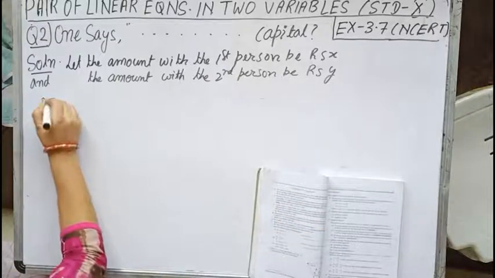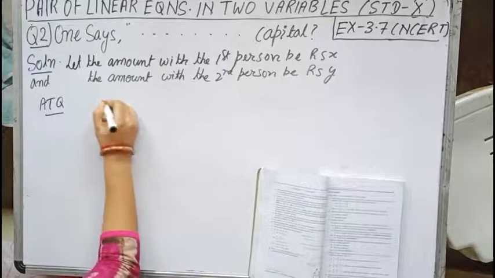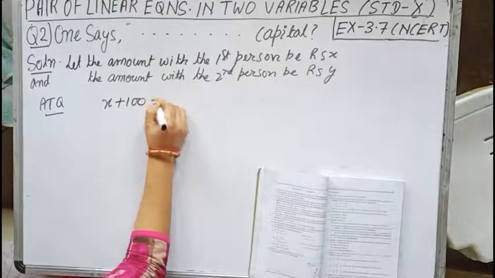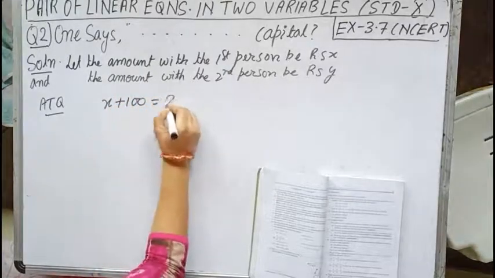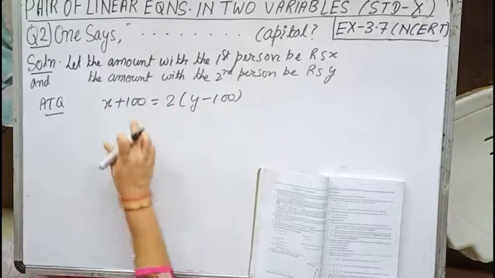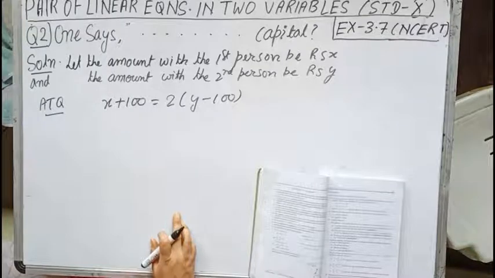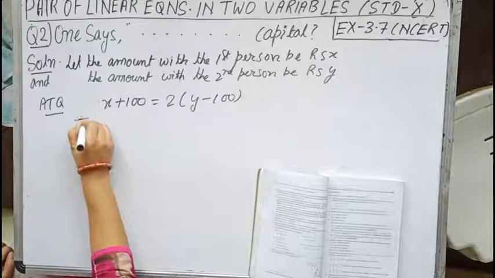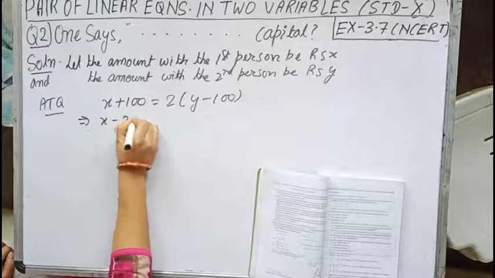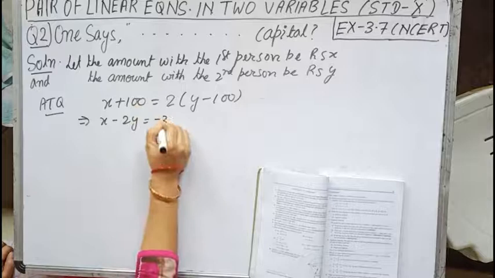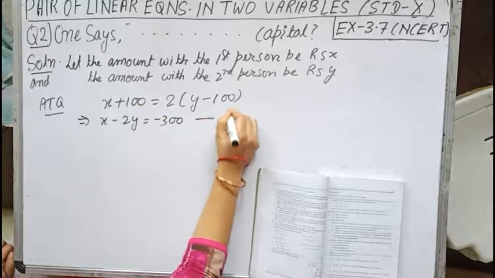So we will be writing according to question. 100 rupees first person gets, then he is twice as rich as the second person, because second person is giving 100 rupees to the first person. I think you understand this expression. Now let us simplify it. This implies x minus 2y equals minus 200 minus 100 equals minus 300. Let us make it equation number 1.